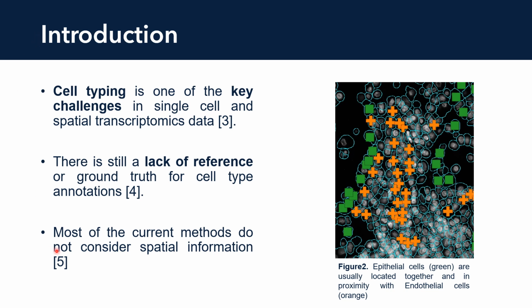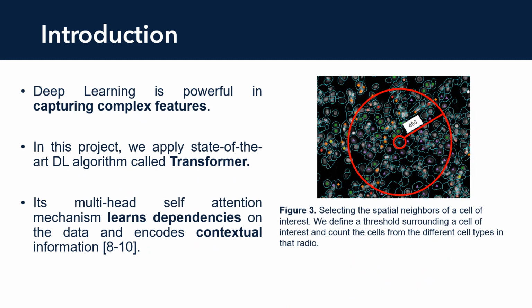Another thing is that most of the current methods do not consider spatial information, where in some cases a specific cell type can reside together or next to other types of cells. For example, in here we see how epithelial cells in green are usually located together and close to endothelial cells in orange.